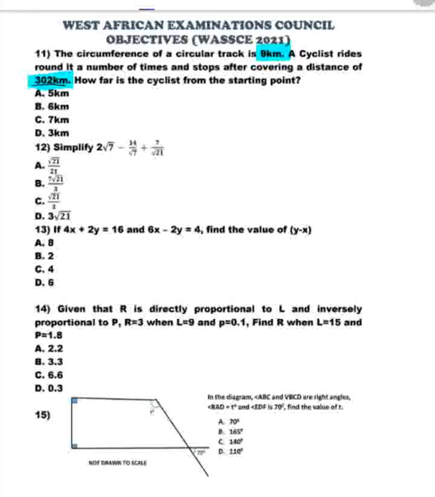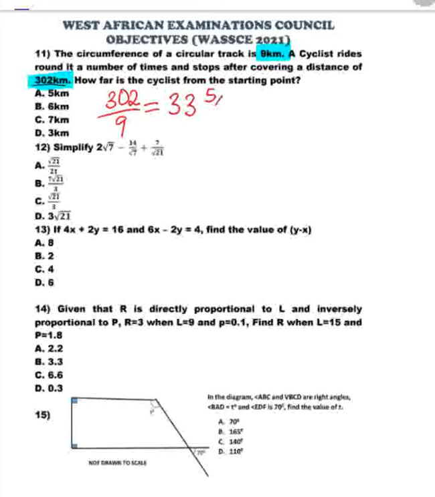All we're going to do is divide this number by the length of the circumference of the track, and that is going to be 302 over 9. 9 in 30, 3 remainder 3, 32, that is 3 remainder 5.